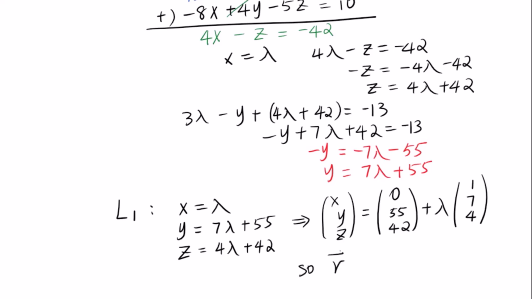So r equals 0, 55, 42 plus lambda 1, 7, 4.